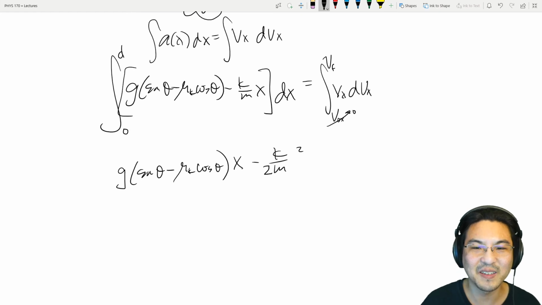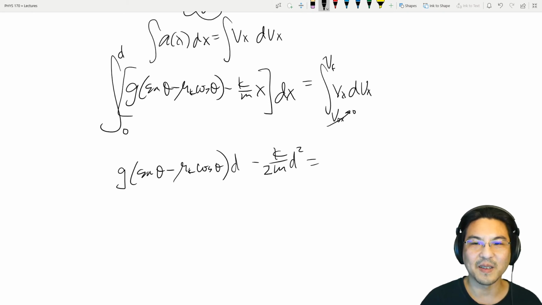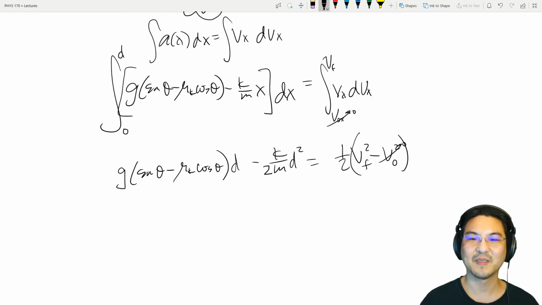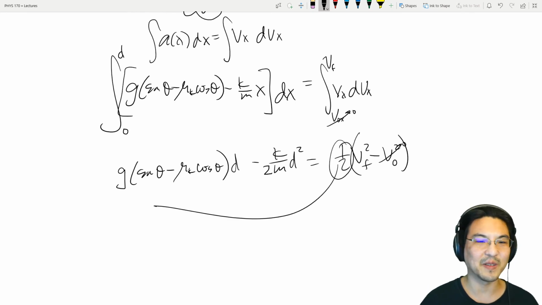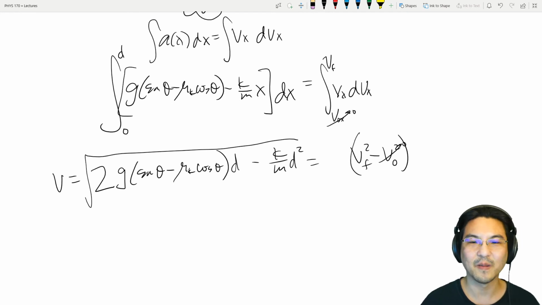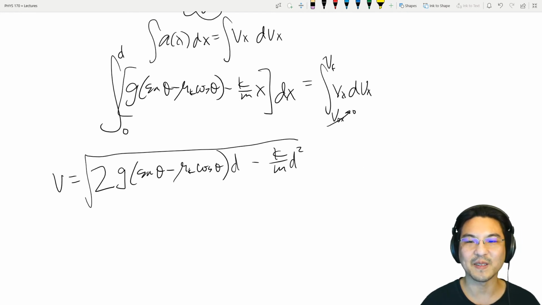So from 0 to d, okay, and then on this side, v dv, so 1/2 v squared from 0 to final, although this is 0. Okay, so then I'll just move the 2 on that side to there, and then square root the whole thing. And then that's v. Okay, so that's how you would do Newton's way.